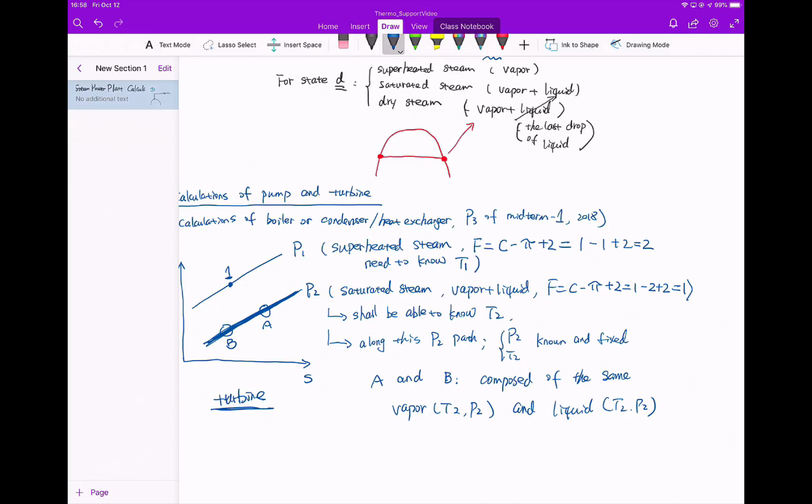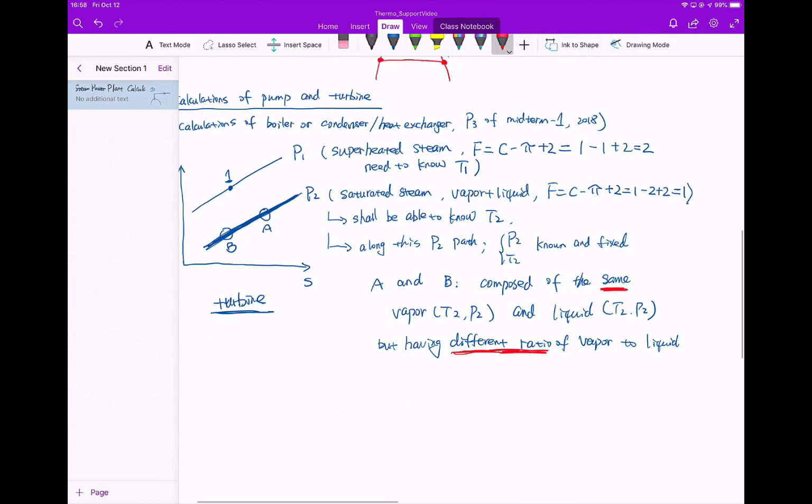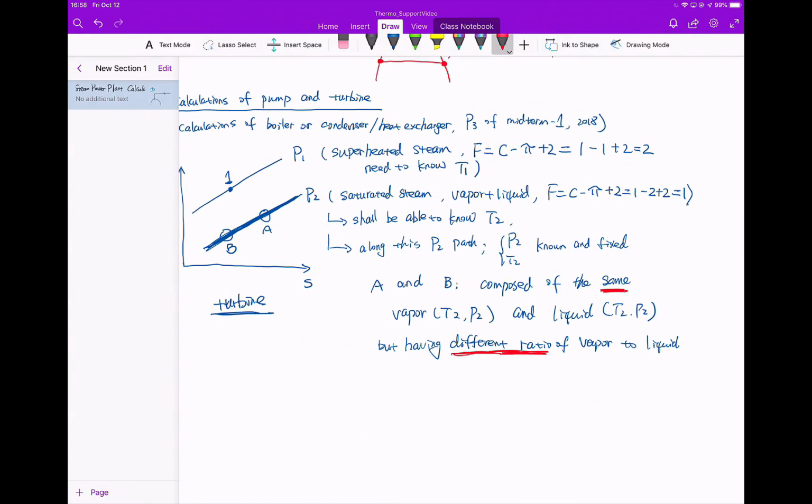Okay, they are composed of the same vapor and liquid, but having different ratio of vapor to liquid. This is the key. So you would see that in a minute in the example.